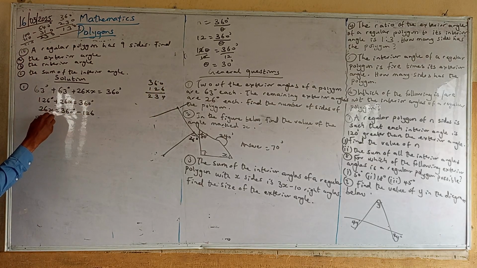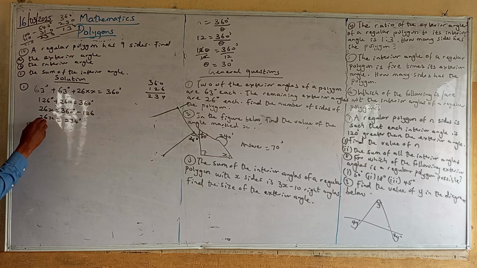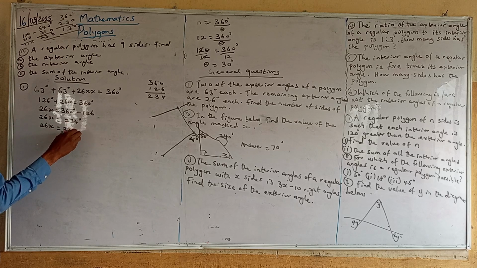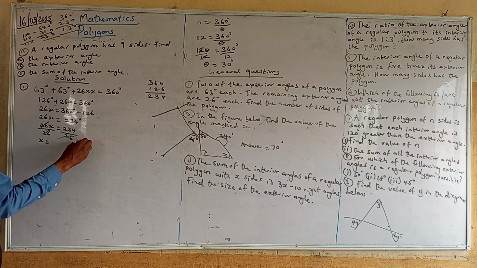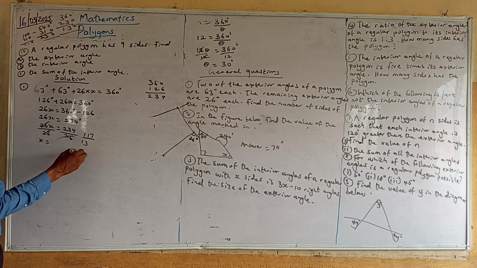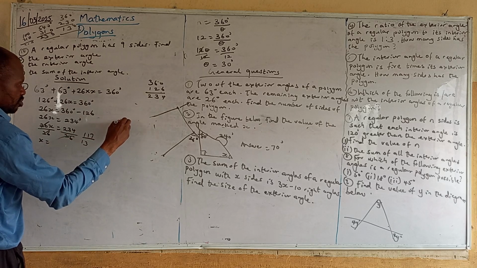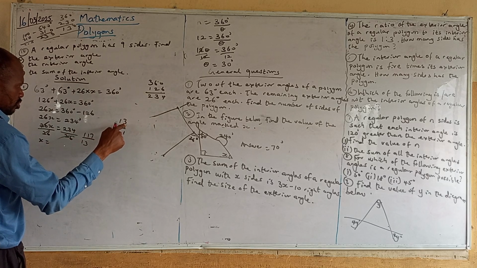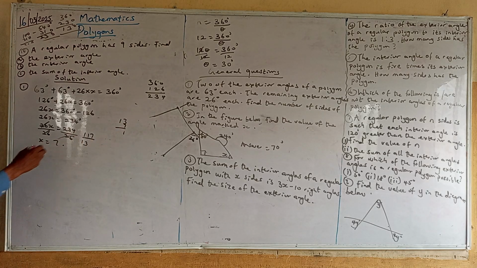So 26S will now be 234 degrees. Then I'll divide both sides by 26. So 26, 2 here 13, 2 here 117, 13 here, that should be 9. Sorry, S is 7.